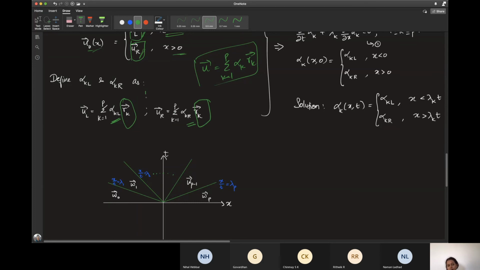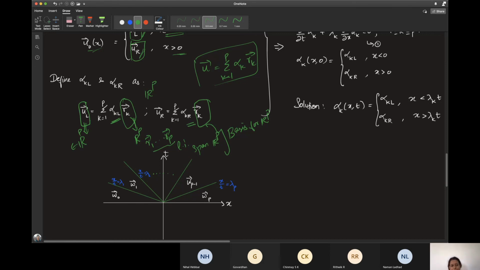So any vector in Rp can be obtained as some linear combination of these Rk vectors. That is, the ul vector lies in Rp, and the Rk vectors also lie in Rp, and each of these, R1 up to Rp, are linearly independent and span the whole of Rp. So the Rp vectors form a basis for Rp. So it's always possible for us to write any vector in Rp as a linear combination of just these p Rk vectors.